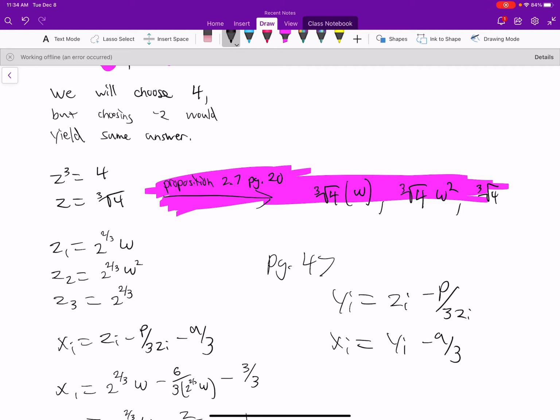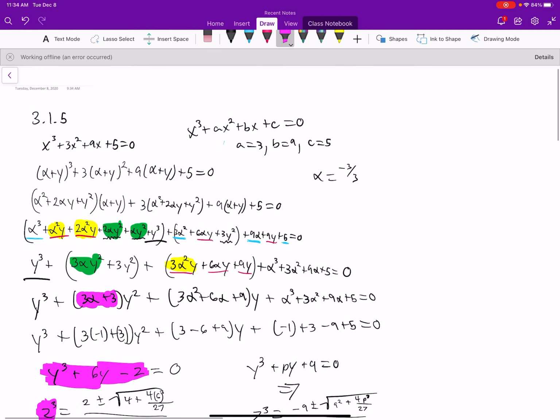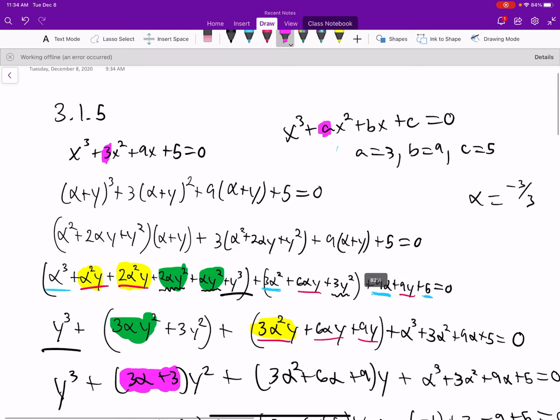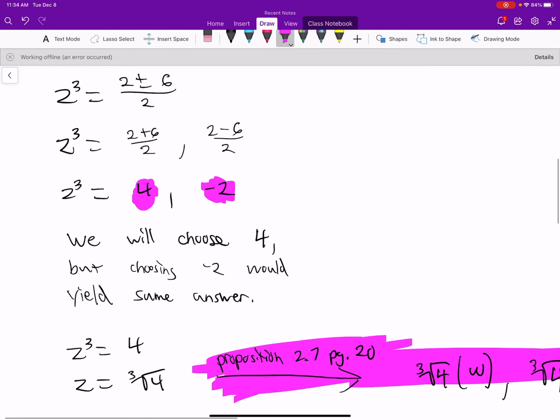Now just combine these two equations and we get this equation here. What's different this time is that this a value is non-zero. This a value is 3, because a is the x squared coefficient.